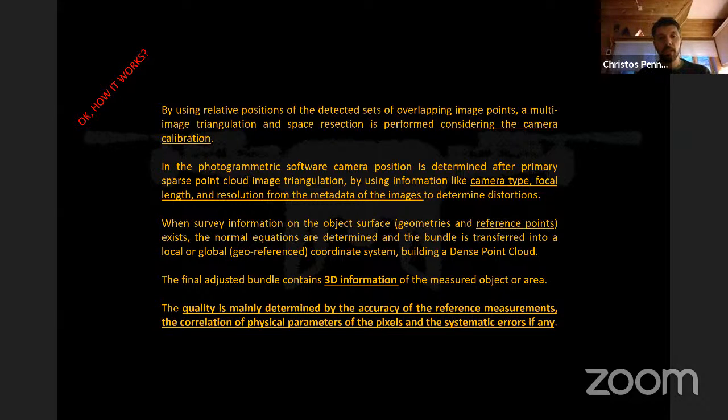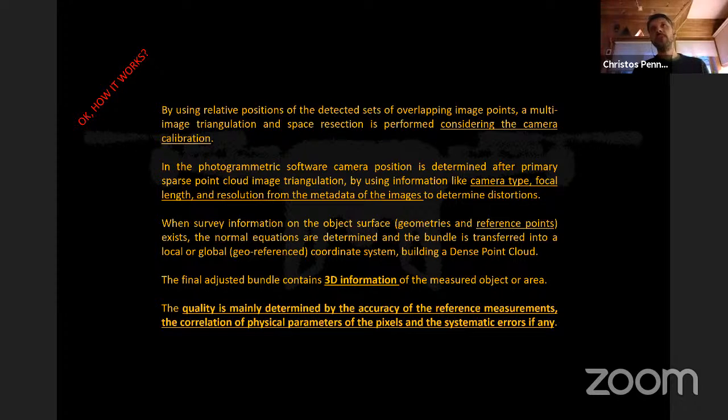When survey information on the object surface, like the geometries and the reference points, exists, the normal equations are determined and the bundle is transferred into a local or global georeferenced coordinate system, building a dense point cloud. So when the software finishes its job, it can translate all the data it has produced into local coordinates or global coordinates.